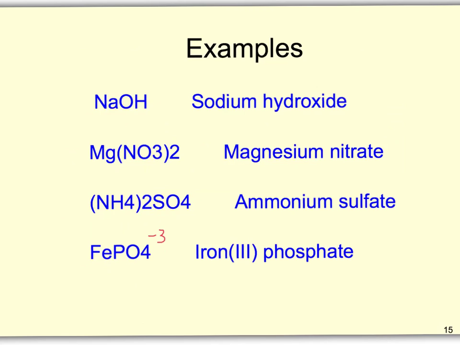Now it brought that -3 charge over here. Remember that we have a 1-to-1 ratio where we have 1 iron to 1 PO4. Now if we have -3 as our charge for our phosphate, we would have to have a +3 for our charge for our iron. Therefore, we would have iron(III) phosphate for our name.